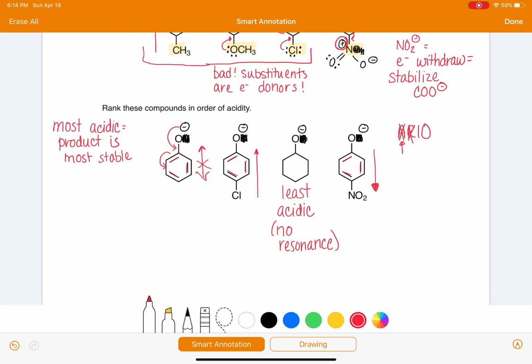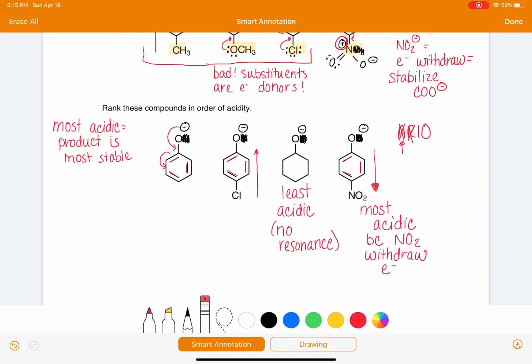So it's not good, and it's also not bad. It's just somewhere in the middle. We can say that this one is definitely the most acidic because it has the NO2 group that will withdraw electron density. So that's going to be a good thing.